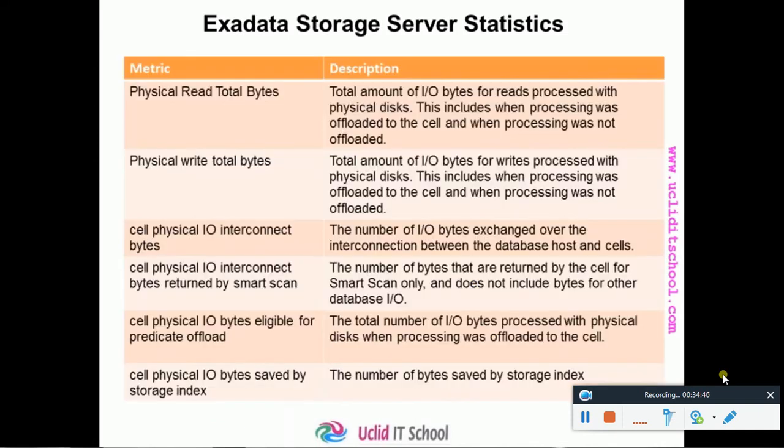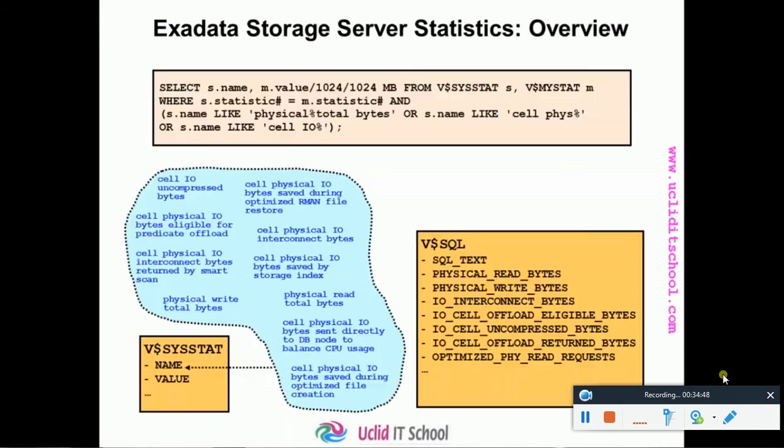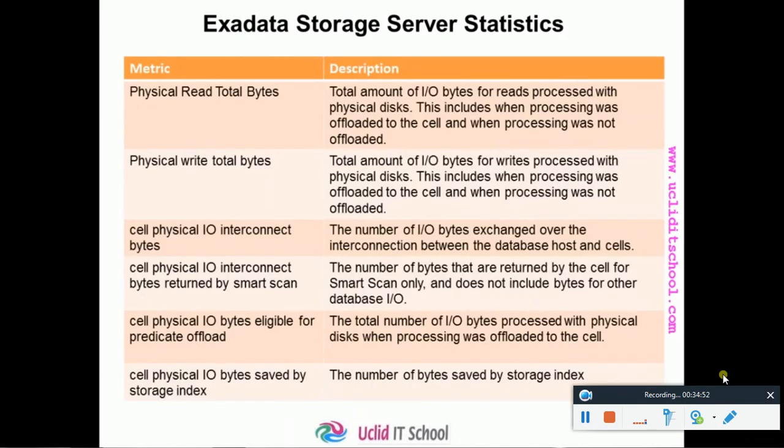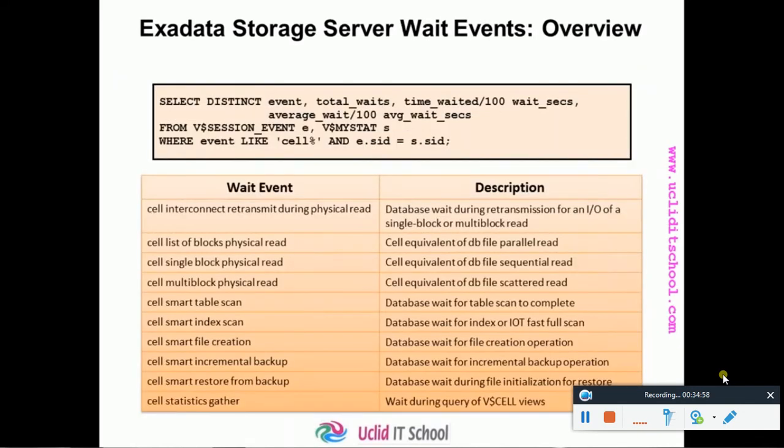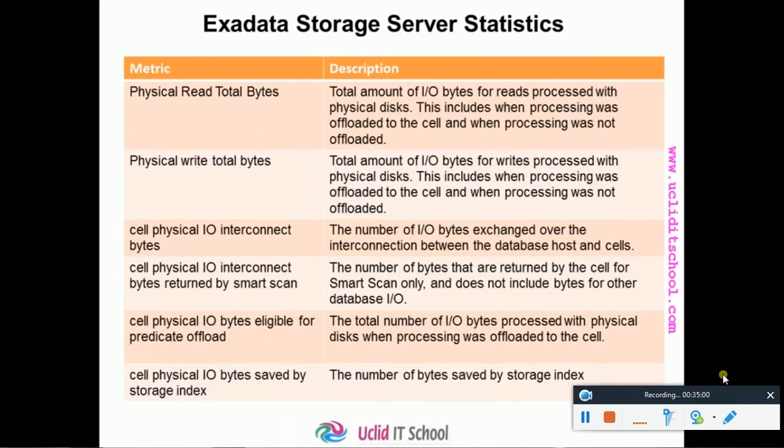And apart from the statistics, Oracle has included some wait events also. We'll come to this. First, let us understand some of these statistics. Look at the third statistic, cell physical I/O interconnect bytes.